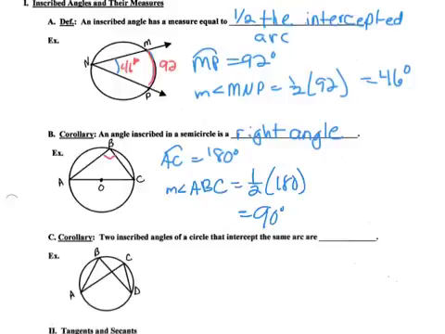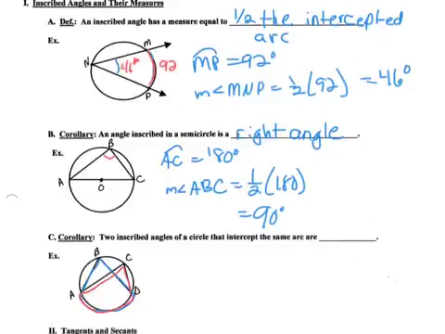All right. A corollary to that: two inscribed angles that intercept the same arc are going to be congruent. So if you look at this, I have angle ABD and angle ACD. Well, angle ABD is here, and it intercepts arc AD, and ACD also intercepts arc AD. So that means they're going to be the same.